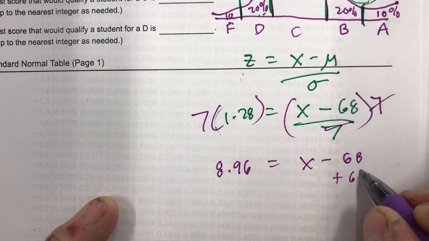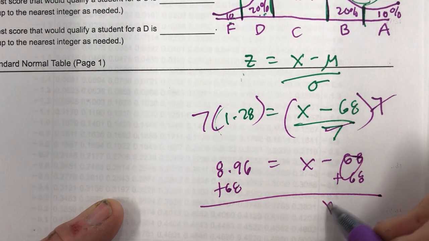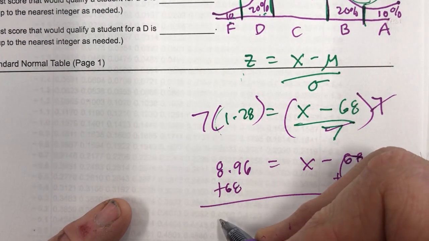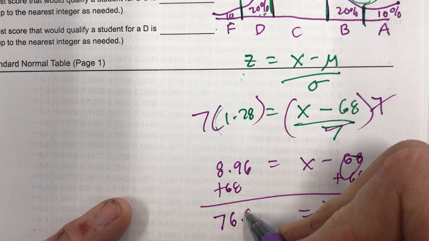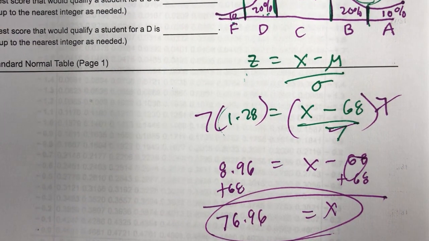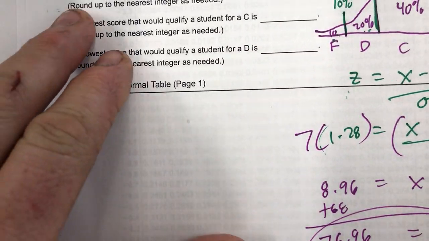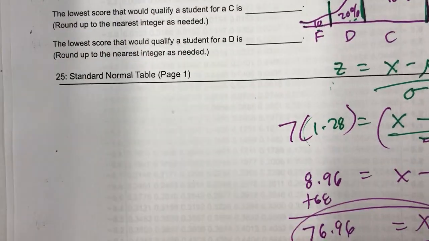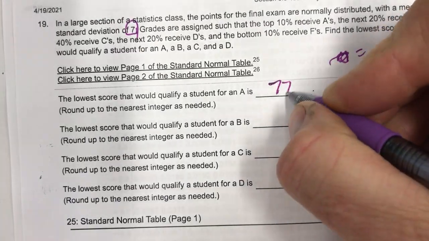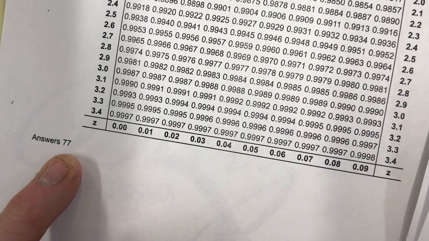If I add 68, it's going to be 76.96. And that's the lowest score you can make to have an A. It says round to the nearest integer, so that'd be 77. 77 is the lowest you can make. And there you go, 77 is right.